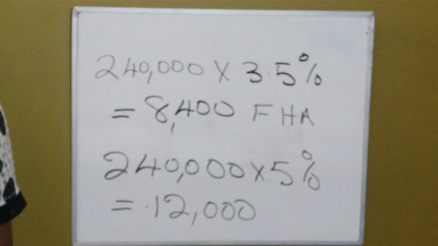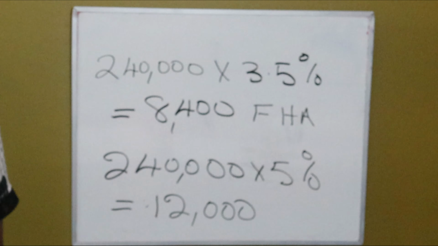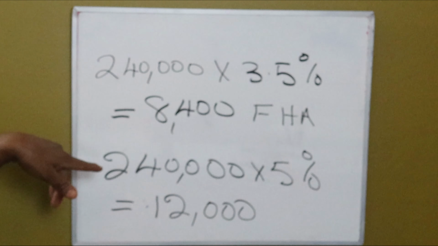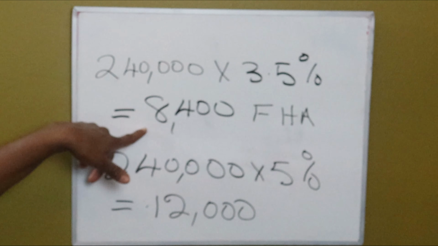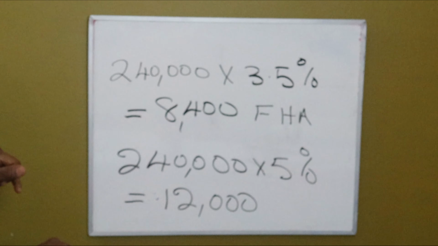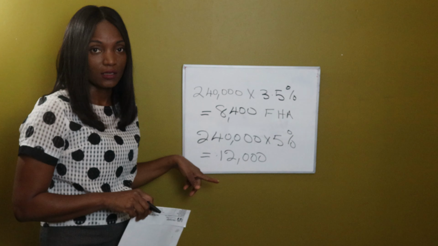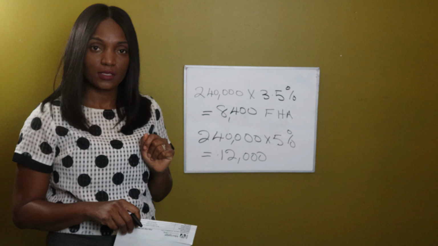So that is one part of the equation that needs to be added to your closing costs. If you're going FHA, you're going to need $8,400 as your down payment. And if you're going conventional, you're going to need at least $12,000 for a $240,000 house.